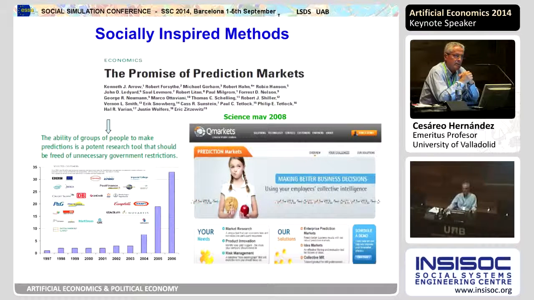There are about 8 Nobel Prizes among its authors. And what are they claiming in these 2 pages? They claim that the ability of groups of people to make predictions, that is ecological rationality, is a potent research tool and should be freed of unnecessary government restrictions. So they are asking governments to stop regulating these markets.